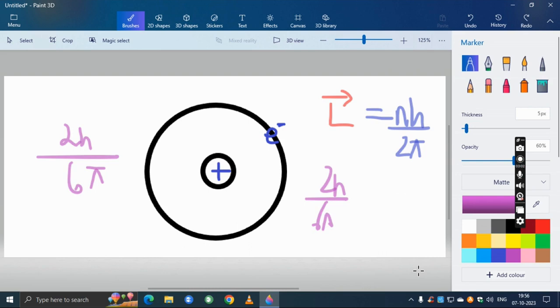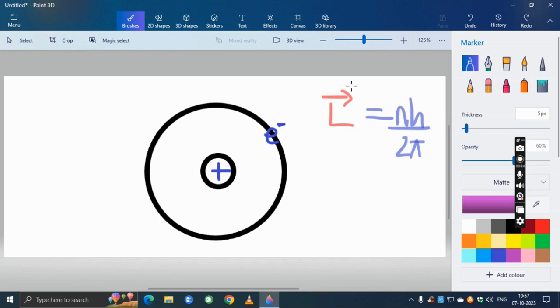This is not possible, because remember, the angular momentum should be an integral multiple, so n has to belong to integers, whereas here it isn't. So there is no such shell with such angular momentum. This is known as the angular momentum quantization condition.